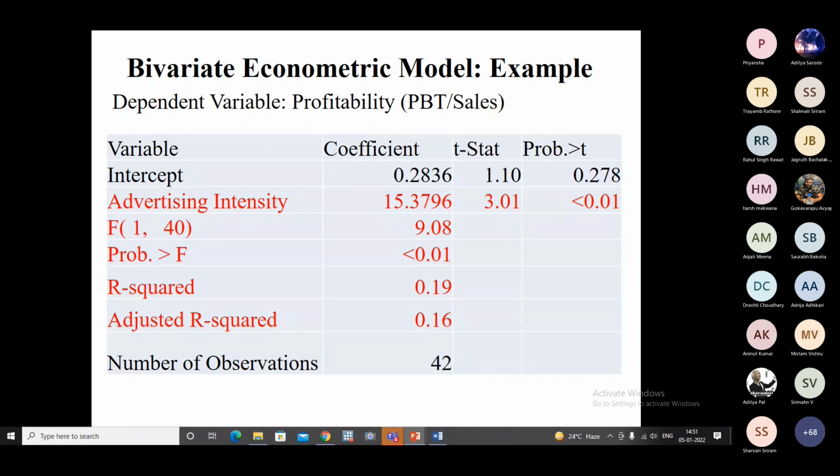Here, frequently I'll be using 4 test statistics. One is Z, second one is T, third one is chi-square, fourth one is F. Now every test statistic has its own definition, and perhaps you can recall that all the 4 test statistics are somewhere or other related to the assumption of normality.